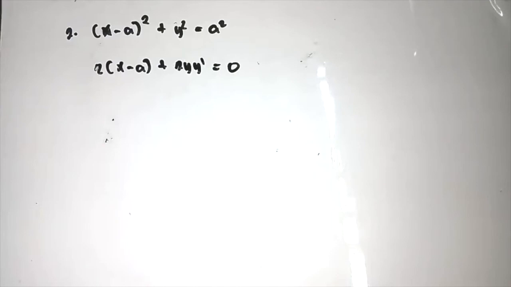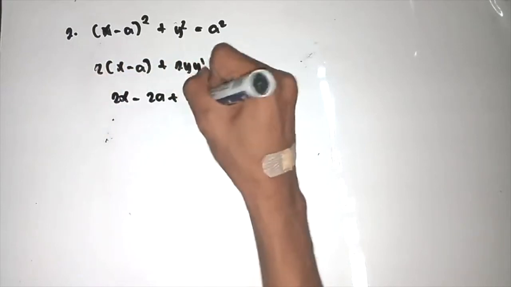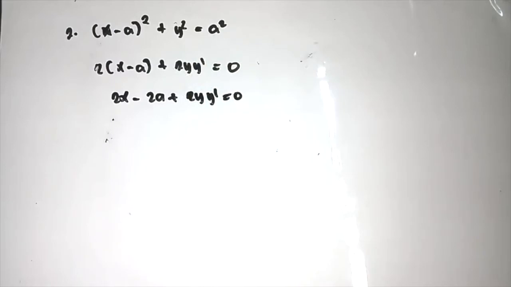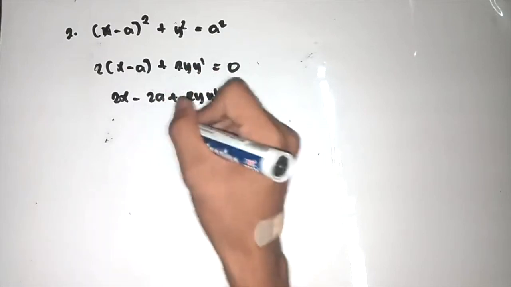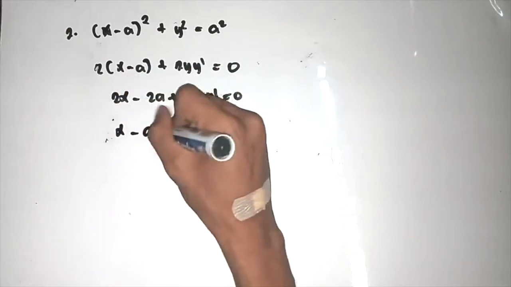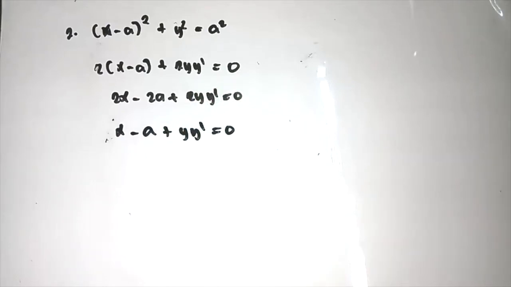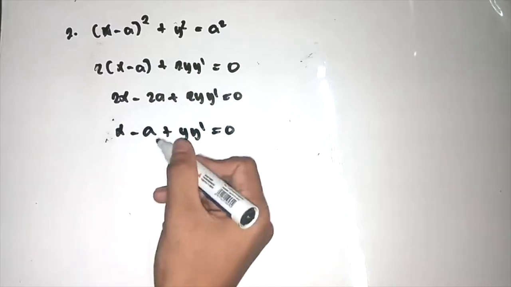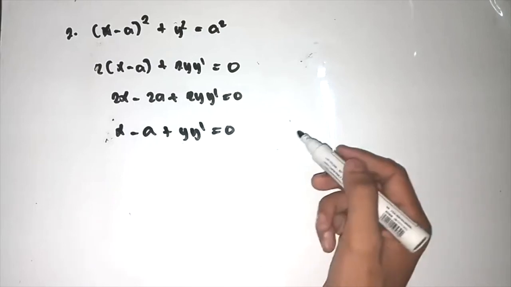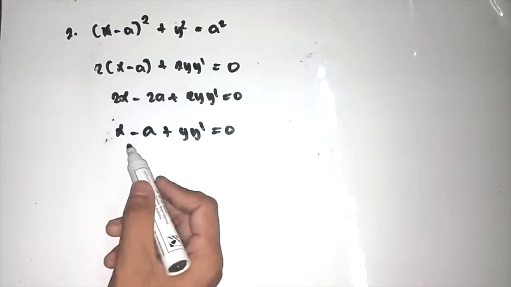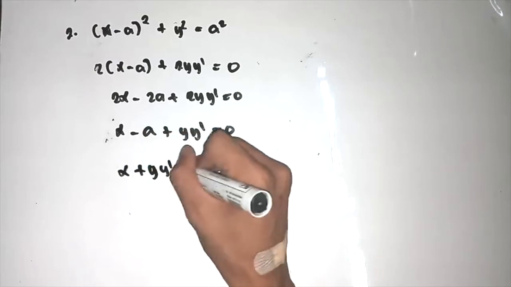And I will distribute the 2, so this will become 2x minus 2a plus 2y y prime equal to 0. I can divide both sides by 2, so this will become x minus a plus y y prime equal to 0. And hence, we can get a value of a now by simply transposing a to the right side. So this will become x plus y y prime equal to a.